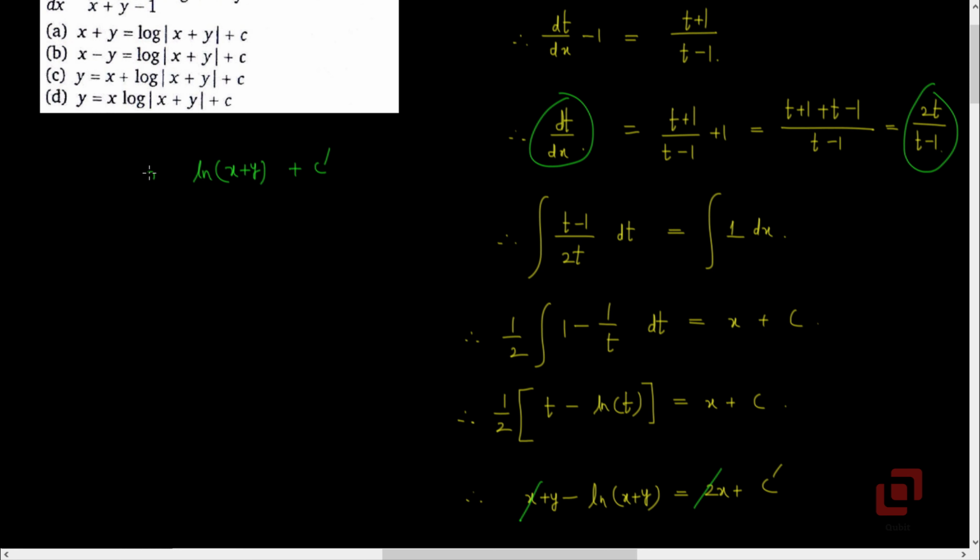We still have x on the right hand side and y on the left hand side. If you compare this solution with the options, you will find that it is identical with option C. Y equal to x plus log of mod of x plus y plus c. Hence, C is the correct option.